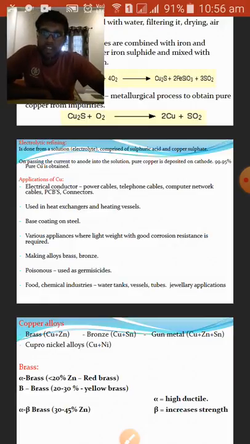It is done in a solution electrolyte comprised of sulfuric acid and copper sulfate. On passing the current from the anode into the solution, pure copper is deposited on the cathode. 99 to 99.9% pure copper is obtained from this method.